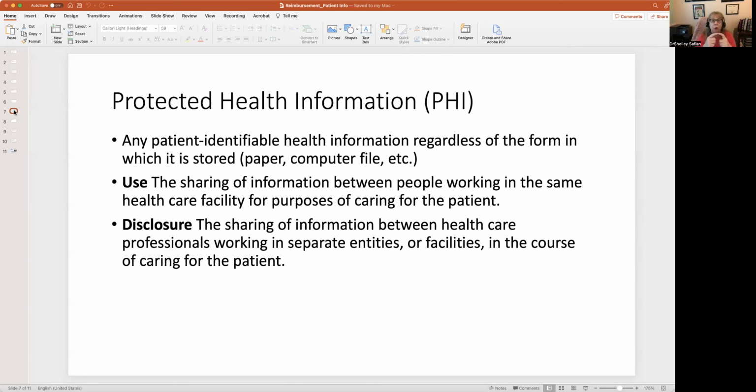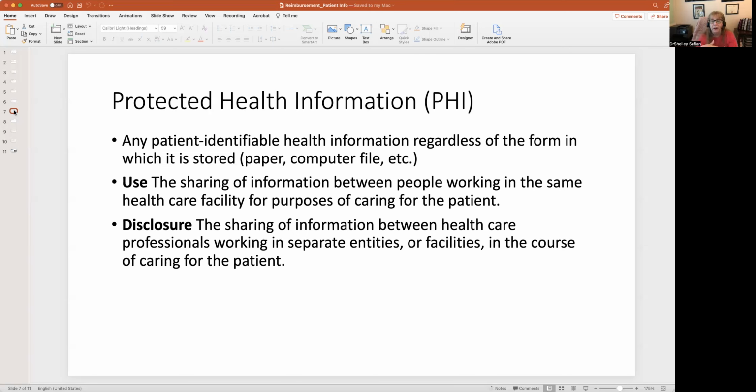So I'm an HIM, I need to talk to the nurse, I need to talk to the physician, whatever within our facility. That's okay, as long as I'm doing it in a protected private environment.